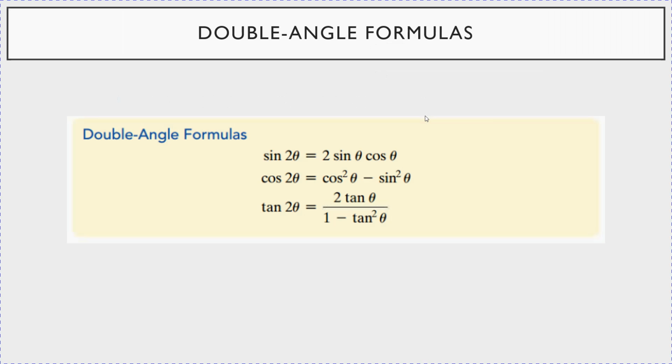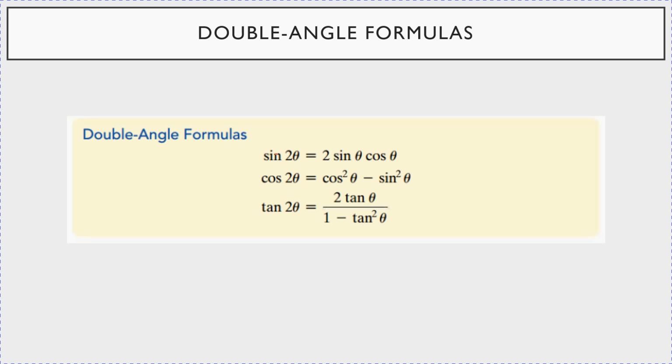First off, what exactly are the double angle formulas? If you have sine of 2 theta, cosine 2 theta, tangent of 2 theta, you have this 2 in all of them. In all cases, you can simplify the formula such that the double angle, 2 times theta, just becomes theta.